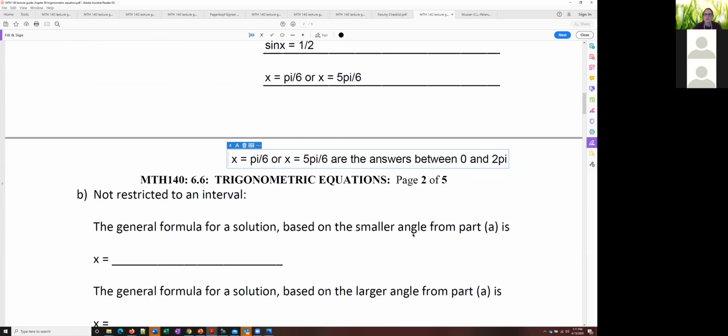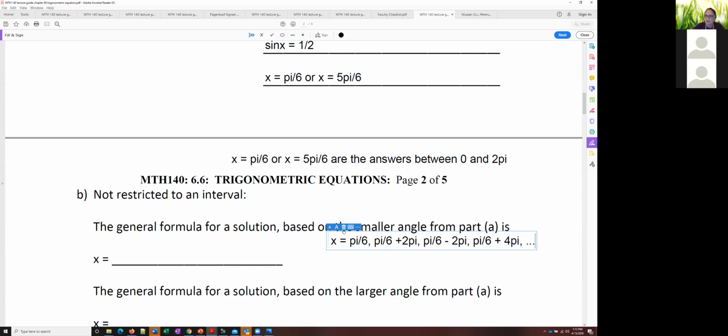Okay, so from the smaller angle, I know that pi over 6 is an answer. And if I went all the way around the unit circle and landed on pi over 6, that would be another answer. So we would have x equals pi over 6, pi over 6 plus 2 pi, we could do pi over 6 minus 2 pi, we could do pi over 6 plus 4 pi, etc., right?